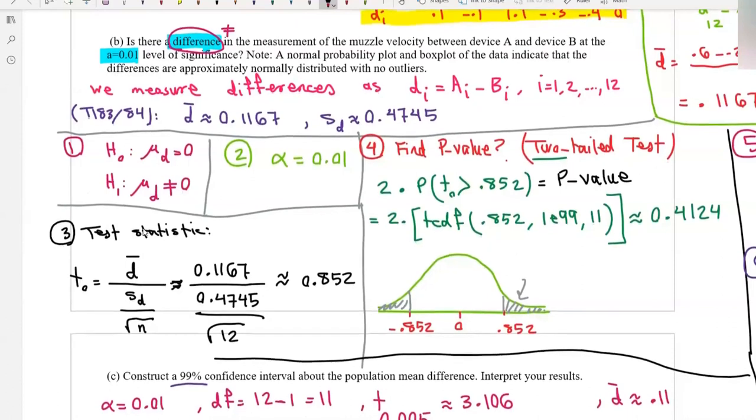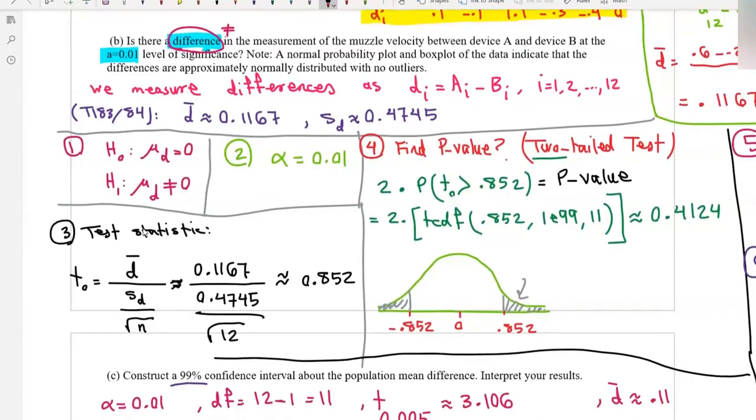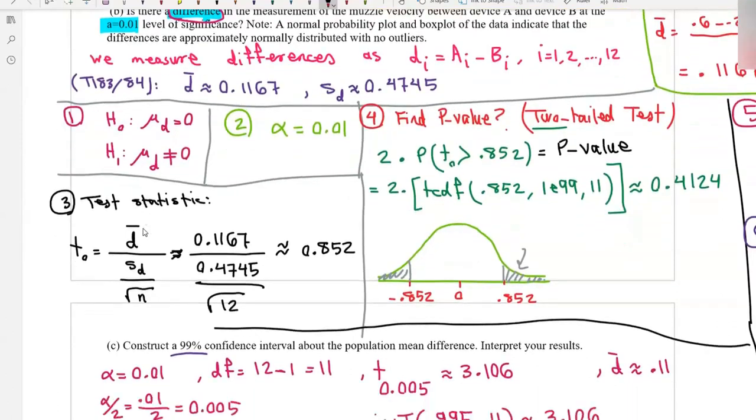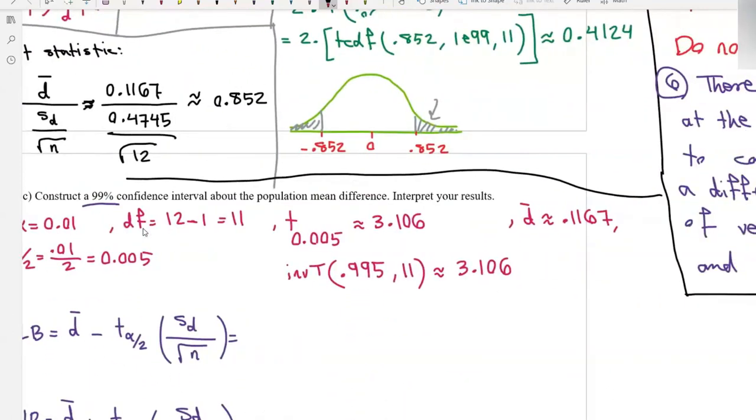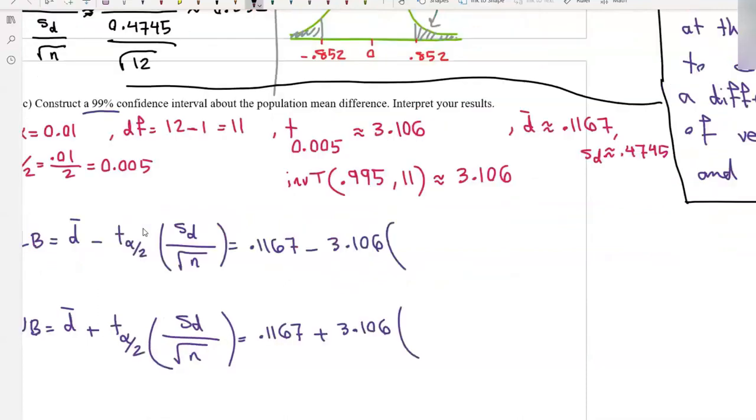In part B, it's 0.1167 and standard deviation is 0.4745. And our sample size is 12.